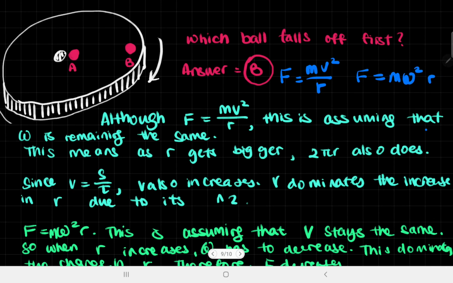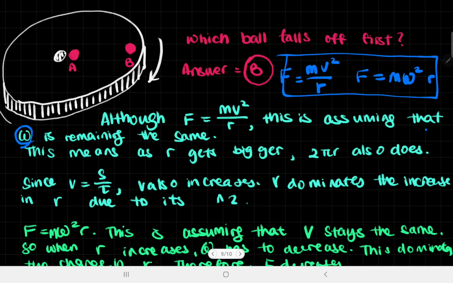And the thing about this that is not always specified is that when we are using this equation, and we can derive these equations from each other, this is assuming that the omega, or the angular velocity, is remaining the same. So what does that mean? Well, basically there's no omega in this equation, so we have to assume that it stays the same. It's not a variable in it.